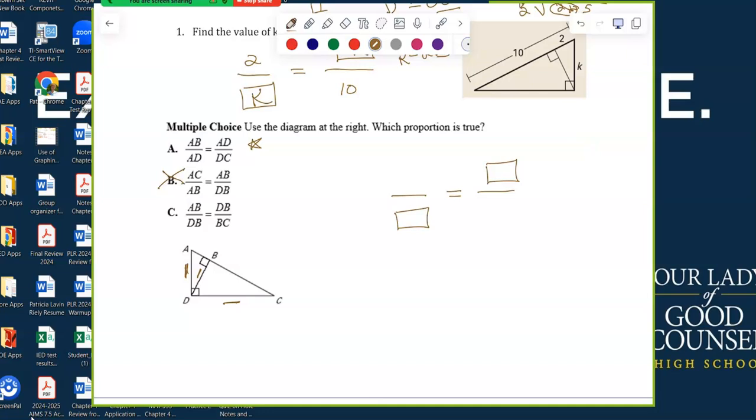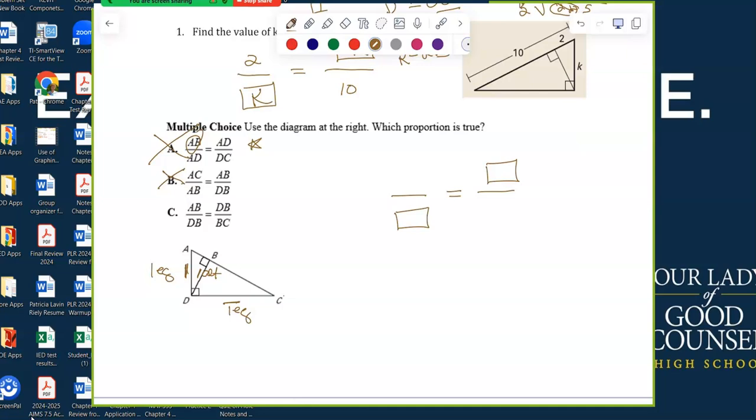It's the altitude. So remember, this is the leg, and this is the altitude. Okay, is it true if using AD, that's a leg, so the leg is a geometric mean between the piece closest to it, which is AB, and all of the hypotenuse, which is AC.